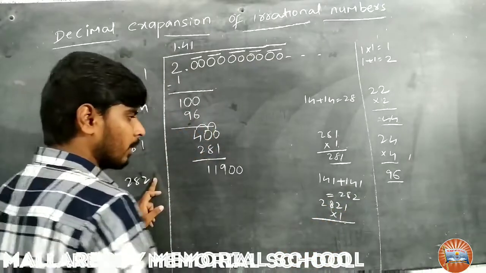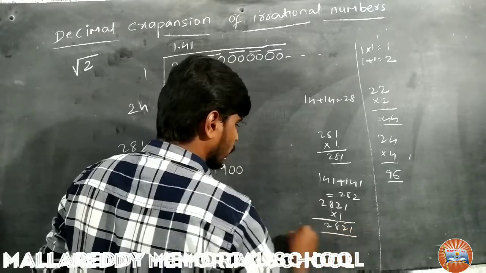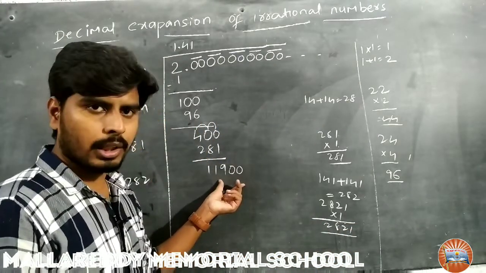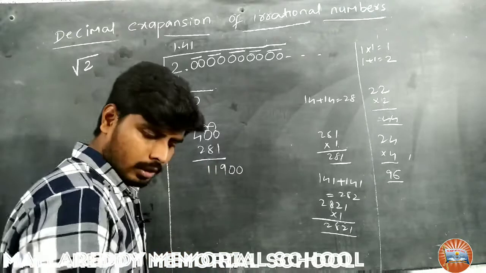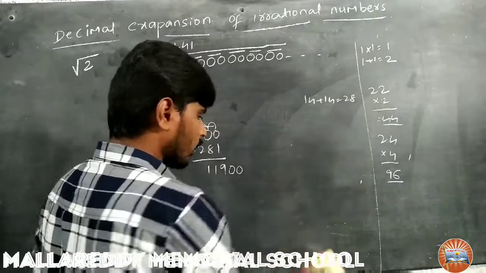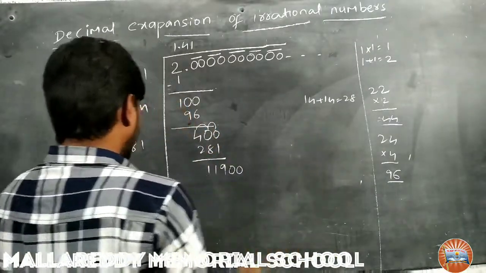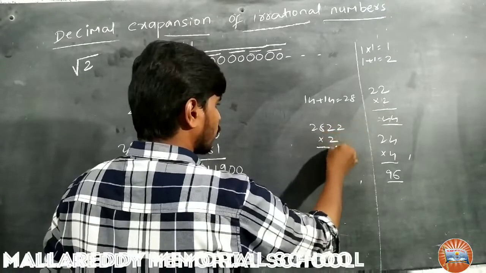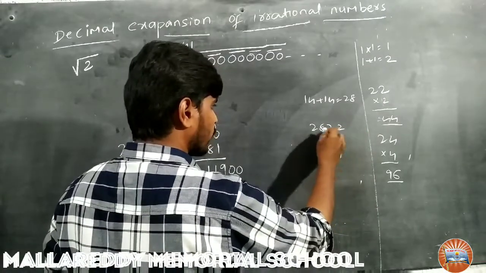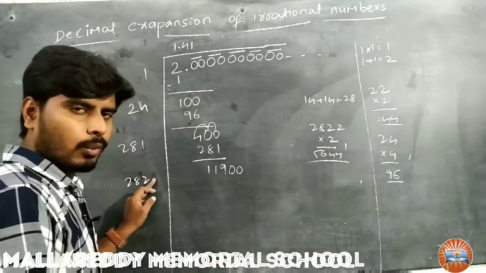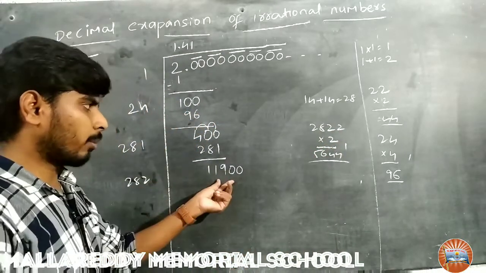It becomes 2821. 2821 is very much smaller than this 11900. What do we do here? Take 2 here. 2822 into 2, 2 twos are 4, 2 eights are 16, 1 carry, 2 twos are 4, 5. It becomes 5644. So we have other possibilities also.